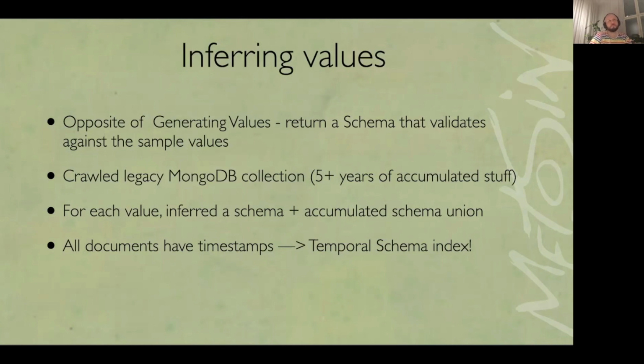So I took all the values in the collection, inferred a schema, and then accumulated the schema union, and all the documents had a timestamp. So actually there was a temporal schema index built out of this. This is quite nice. And the union was good because it showed all the typos that had been added there, because there was no schema validation in MongoDB in those days.